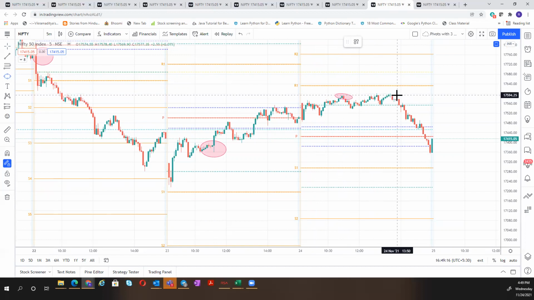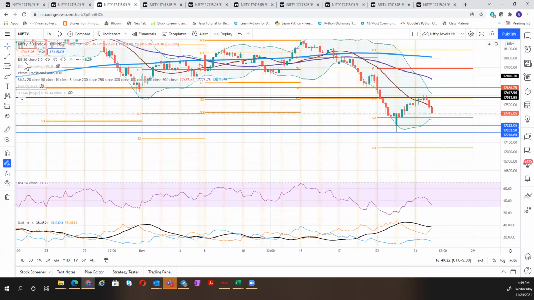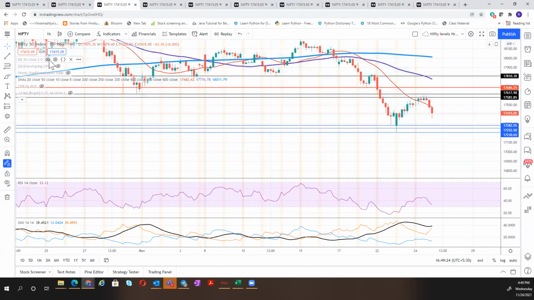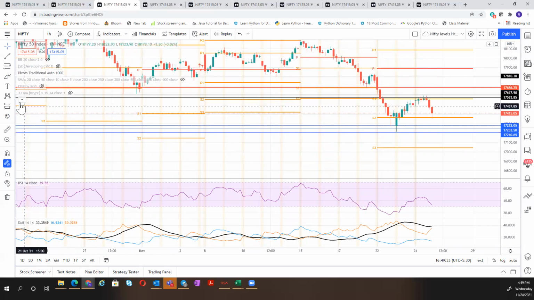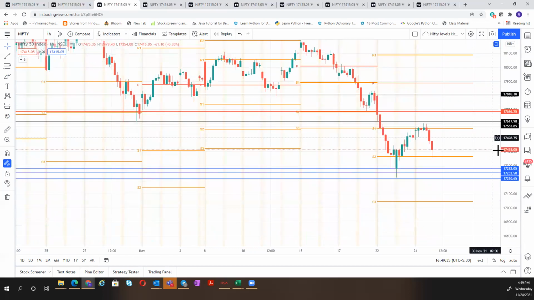This was around below the S1 pivot on the hourly time frame. So you can see that here. This is the hourly time frame. Let me remove all these things. Keep only this. Sorry, I removed the pivot as well. Yes, pivot. See here. Do you see?